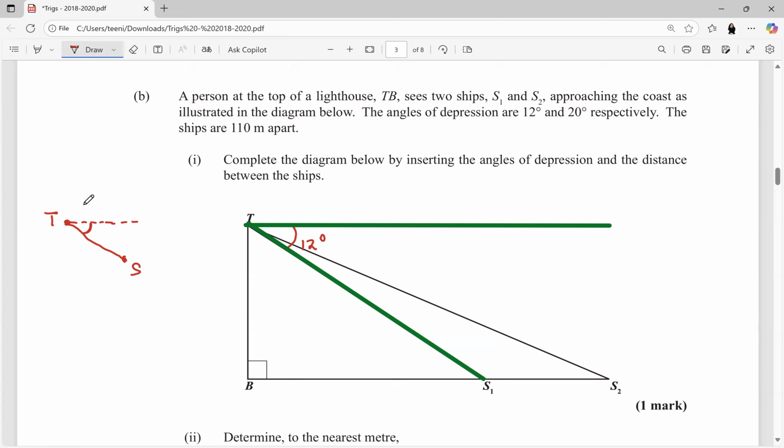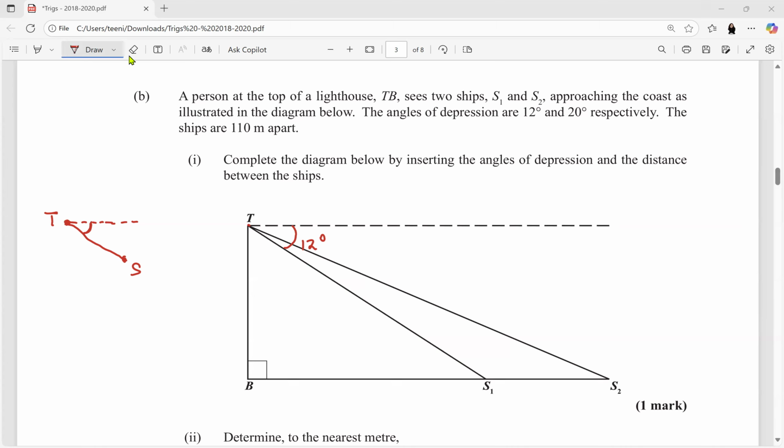right? And then your angle of depression from T to S2 would be the angle between these two lines. They kind of mixed it up, by the way. I'm now realizing that they mixed it up. The bigger one should be 20 degrees and the smaller one should be 12.